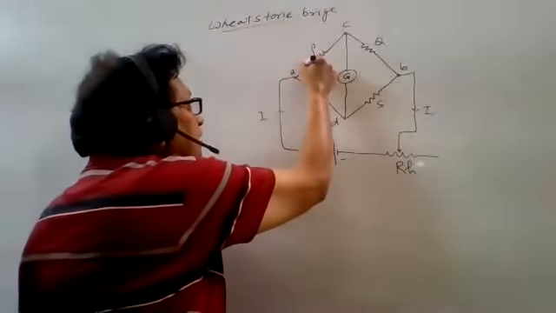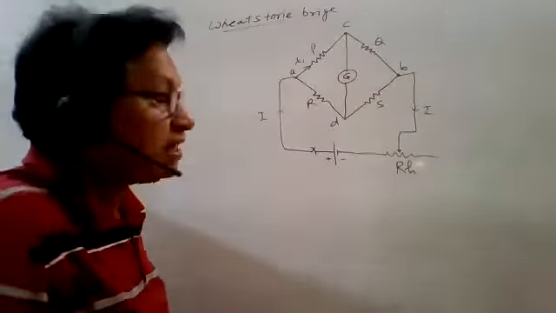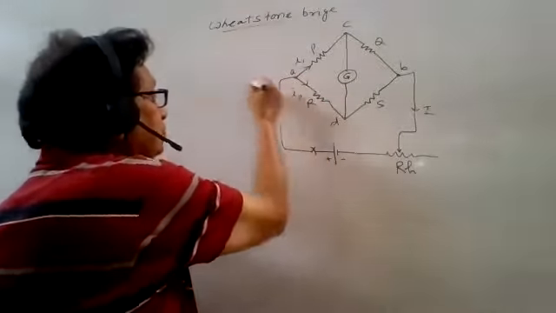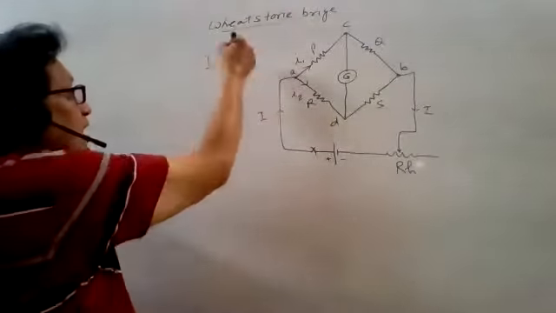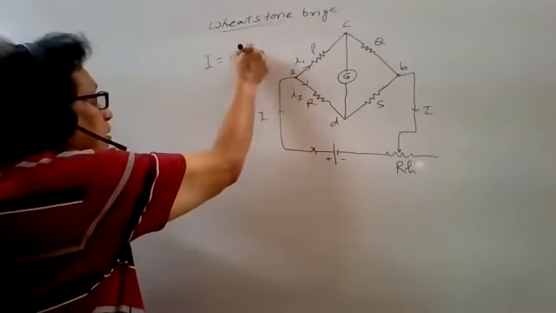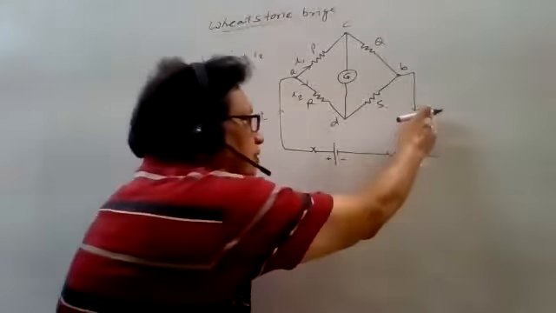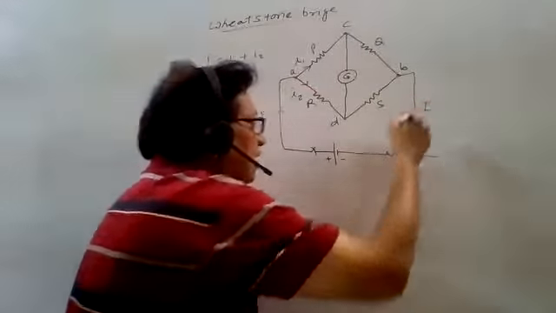Here we will say current I1 in the resistance P and I2 in the other arm. It means at this junction A, I equals I1 plus I2. Similarly here also, whatever entering current, the same should exit.